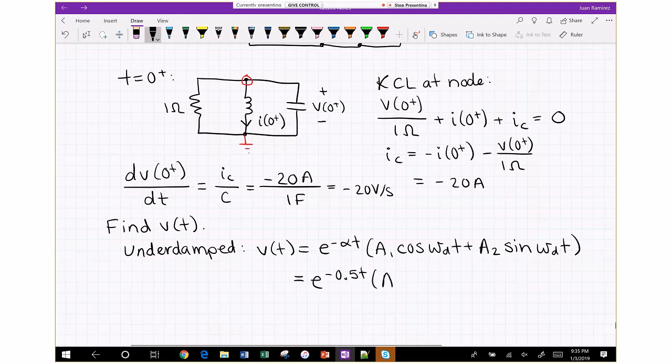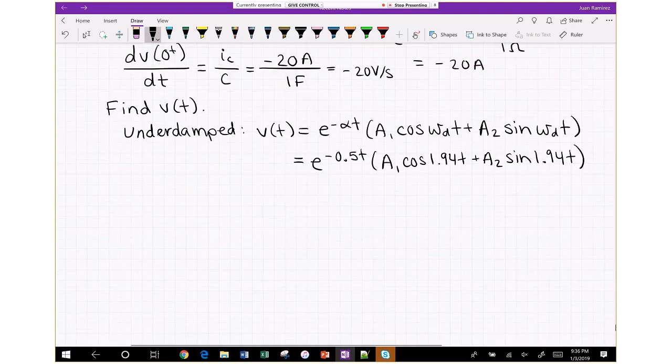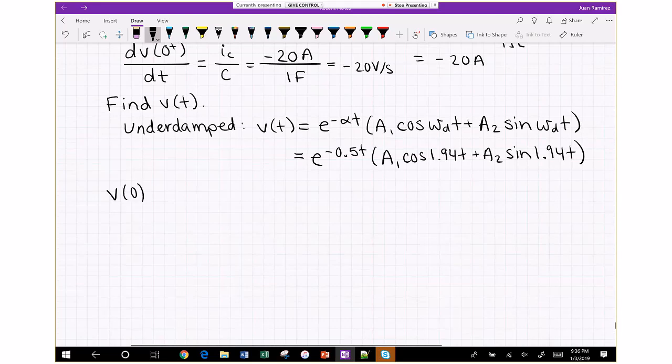We also know our damped frequency, omega d. So now what we're going to do is plug in the initial condition for capacitor voltage right after the transition, which we call time 0.